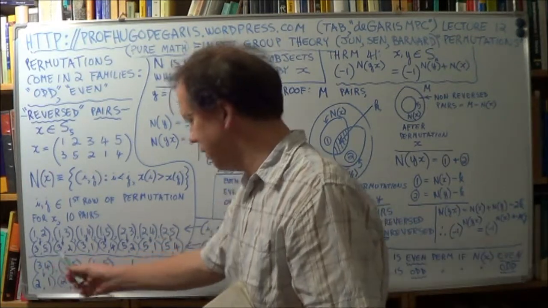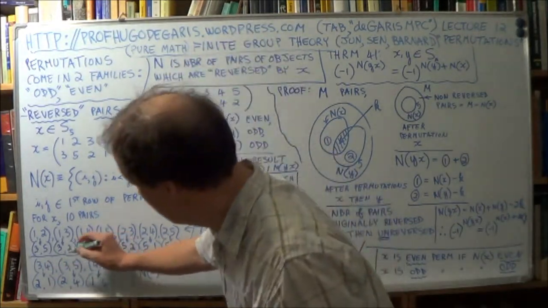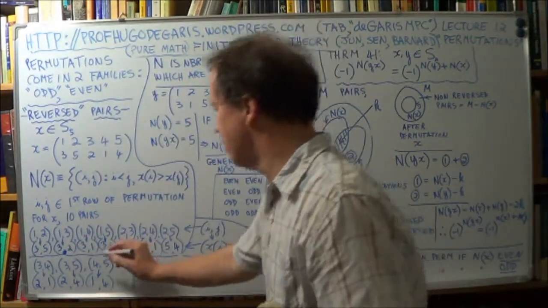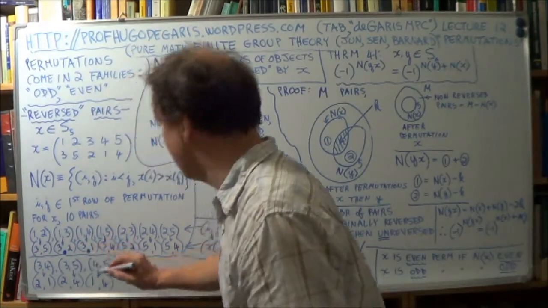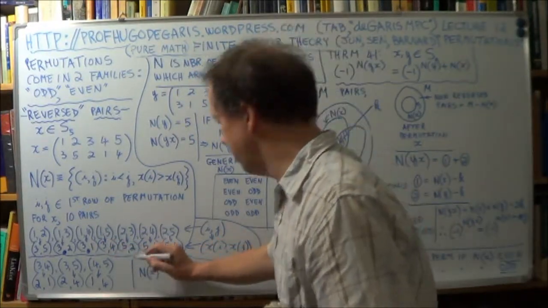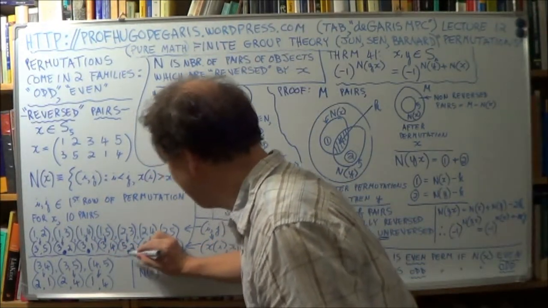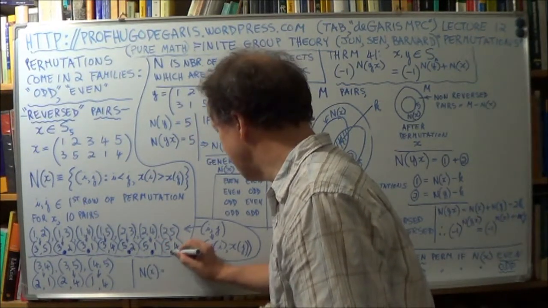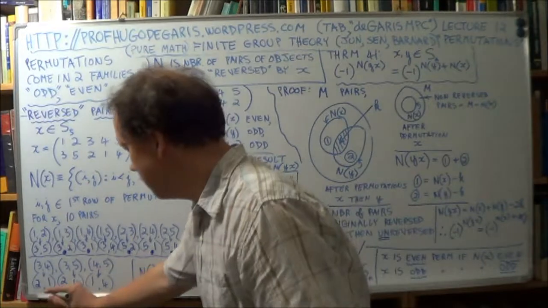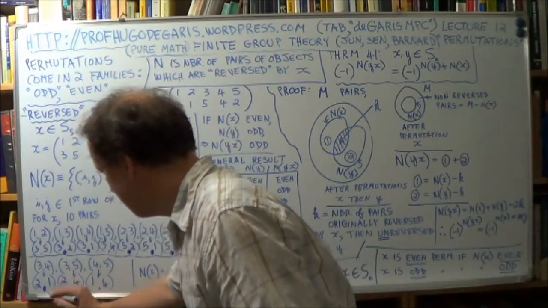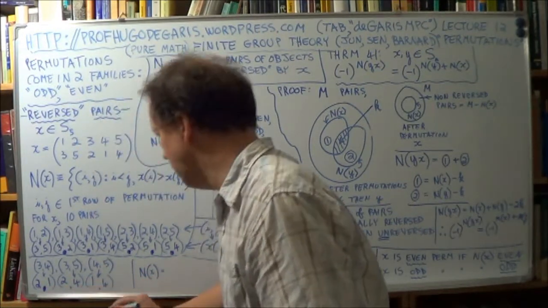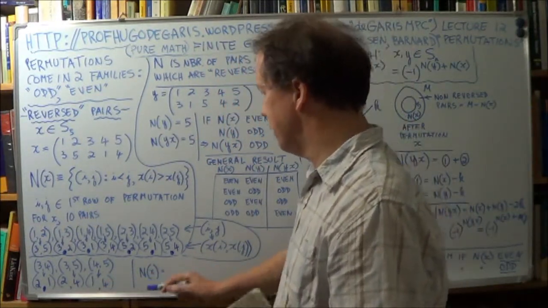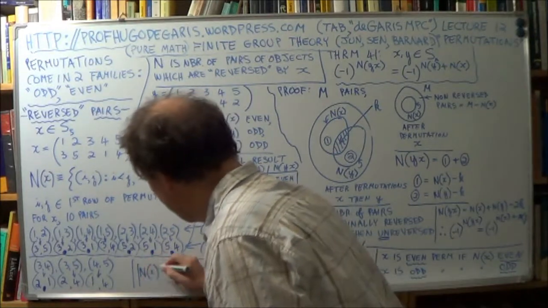No, so do nothing. How about here? Yes, 3 is bigger than 2, so I'll put a dot there. 3 is bigger than 1, put a dot there. 3 not bigger than 4. 5 bigger than 2? Yes. 5 bigger than 1? Yes. 5 bigger than 4? Yes. 2 bigger than 1? Yes. 2 bigger than 4? No. 1 bigger than 4? No.